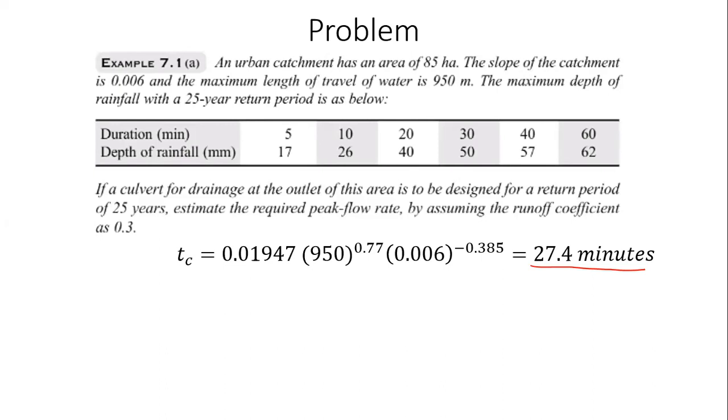So now, given this information, what do you do for this particular problem? Clearly, the rainfall is not of uniform intensity, and the rainfall is continuing for about 60 minutes. But it doesn't matter because your time of concentration is 27.4 minutes.